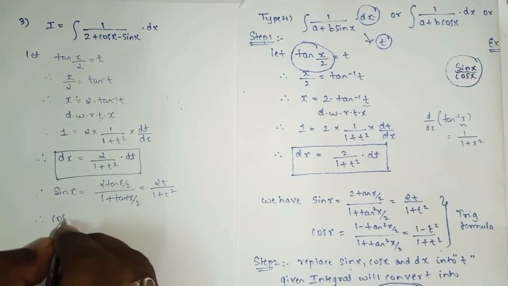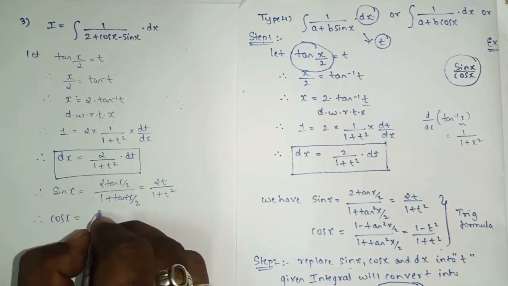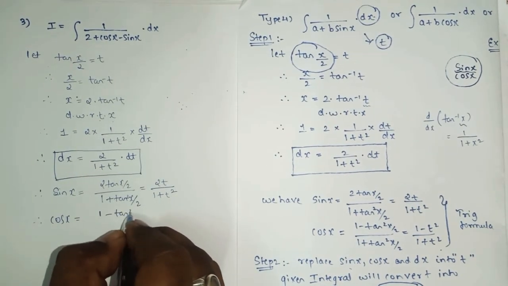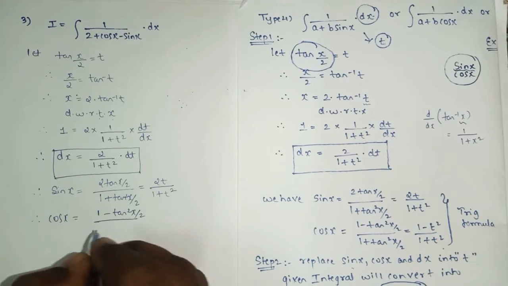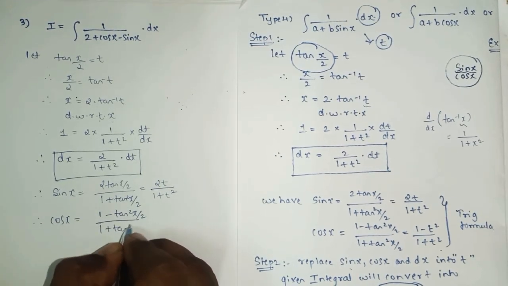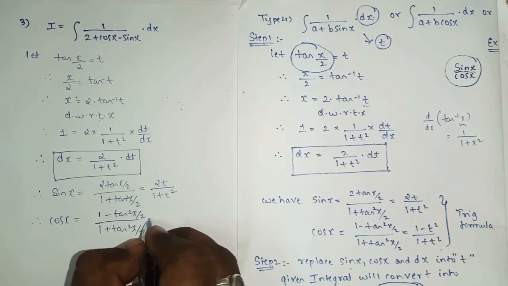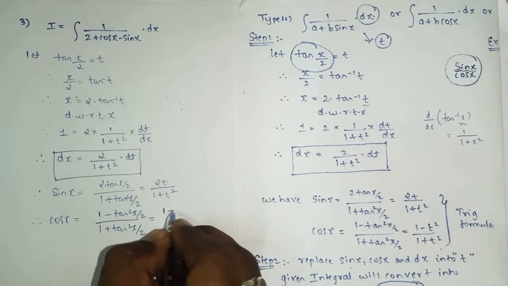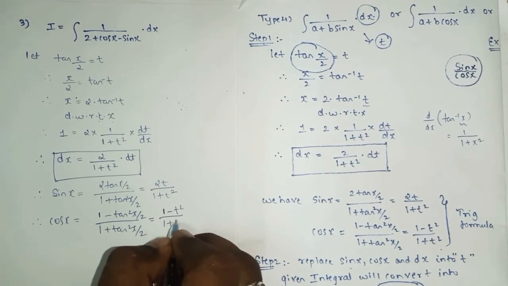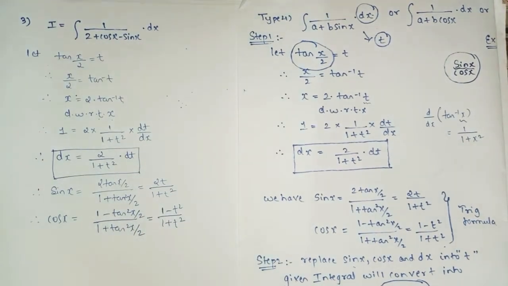And cos x formula, half of the angle formula is what? 1 minus tan square x by 2 upon 1 plus tan square x by 2, which we can write as 1 minus t square upon 1 plus t square. I hope you all understood till here.